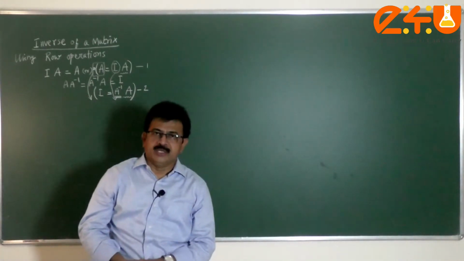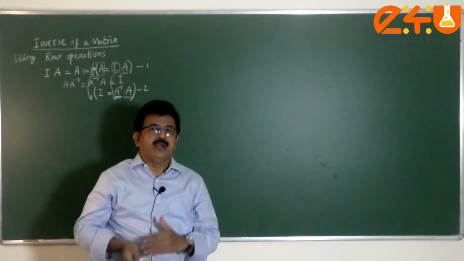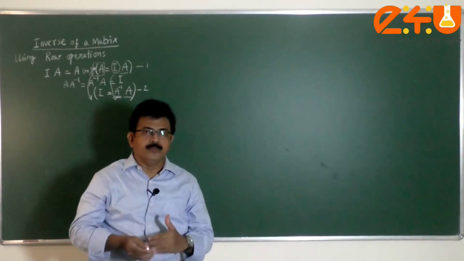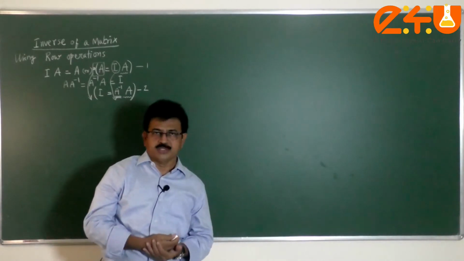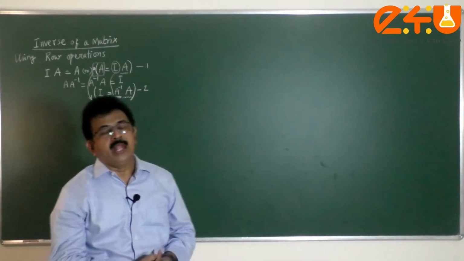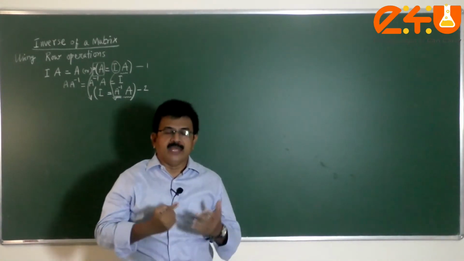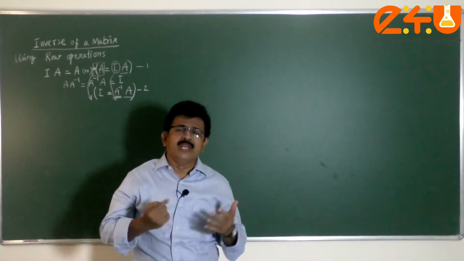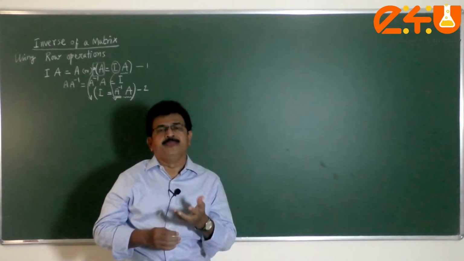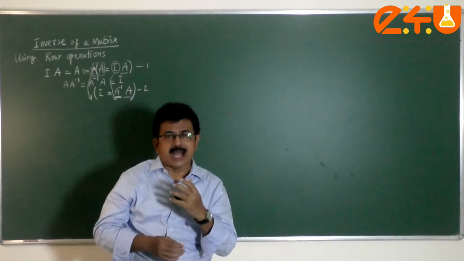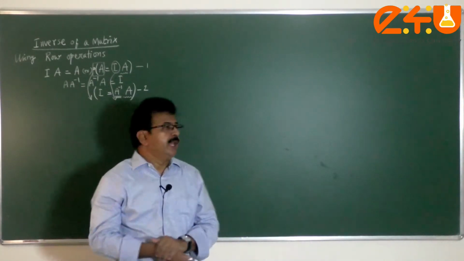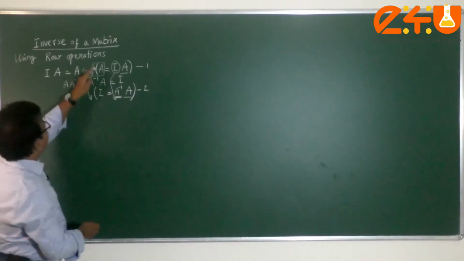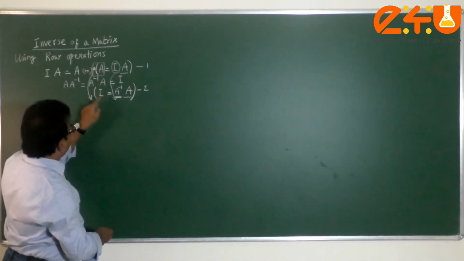So row operation you can apply on any row, but make sure the same operation is applied on the RHS also. Point number 1. And point number 2, we follow a systematic hierarchy order in which you have to convert matrix A into the I matrix.